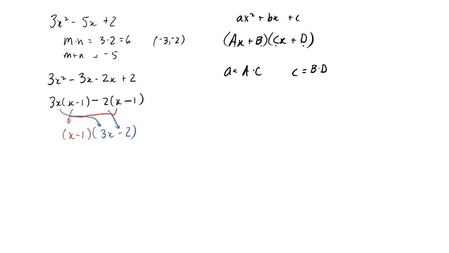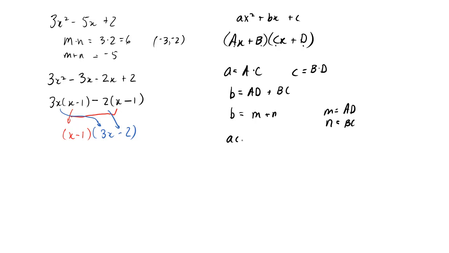We also know that b is made up of the other two. So b is equal to AD plus BC. Okay, so these are in fact the two numbers that we're looking for. Like b is equal to this m plus n idea, where m is AD and n is equal to BC. And we can check that with the first step we always do, which is we multiply the first and last term, so the AC.